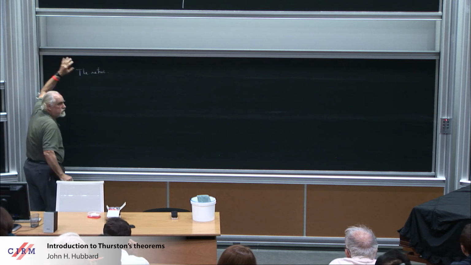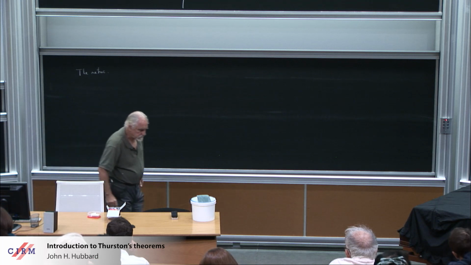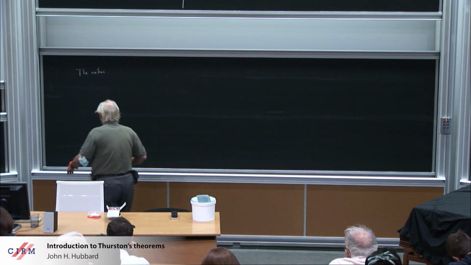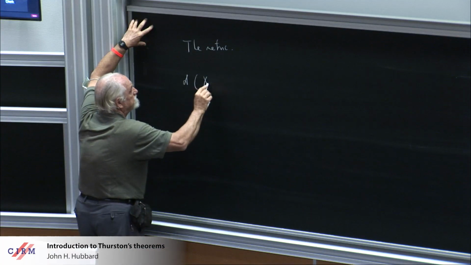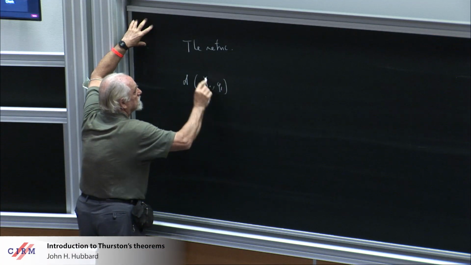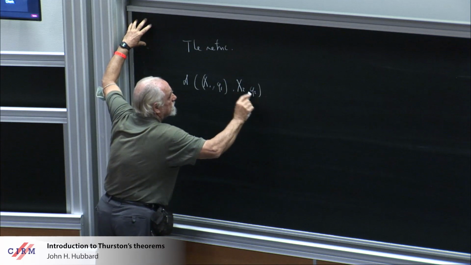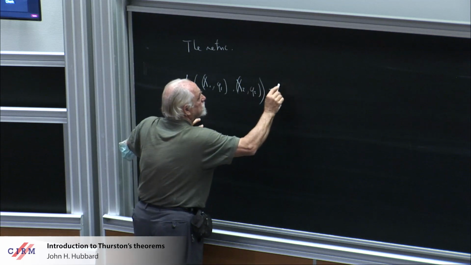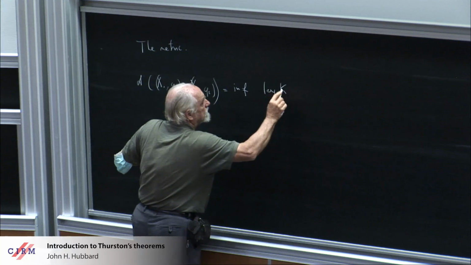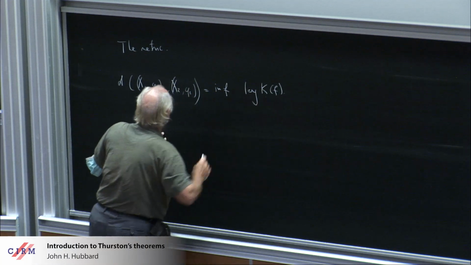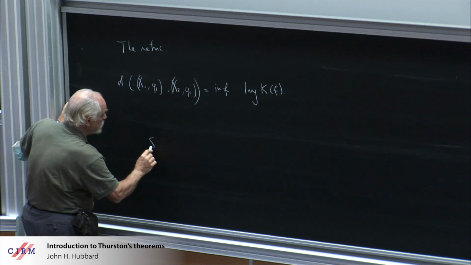The metric is sort of an obvious one. The distance between X1, phi 1 and X2, phi 2 is equal to the infimum of log K of f, where it's the same drawing as before.